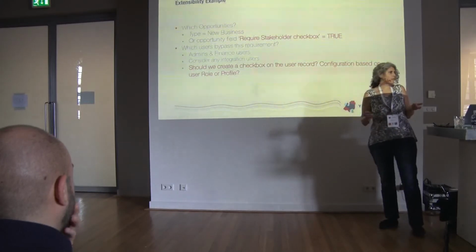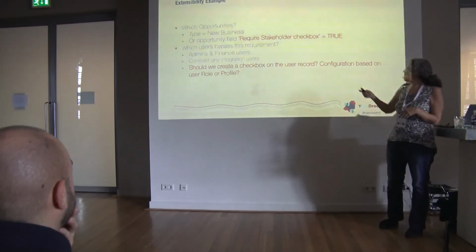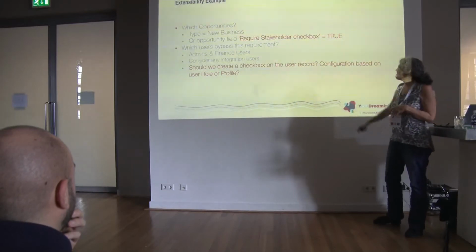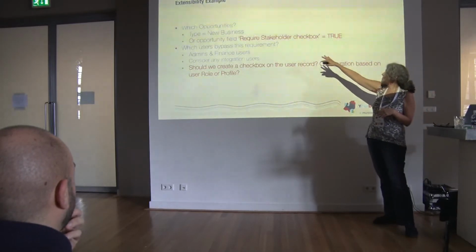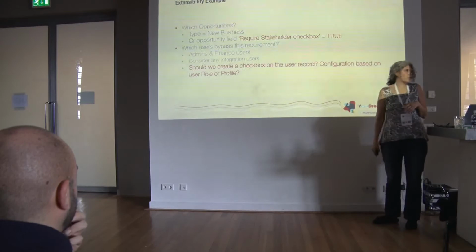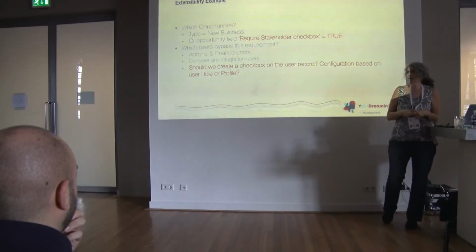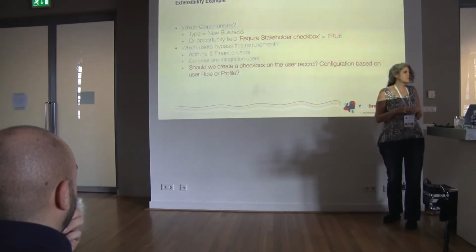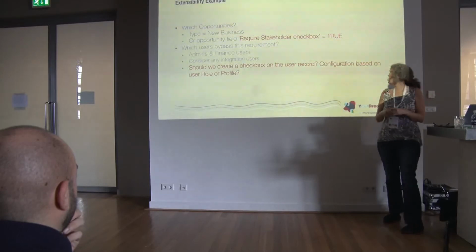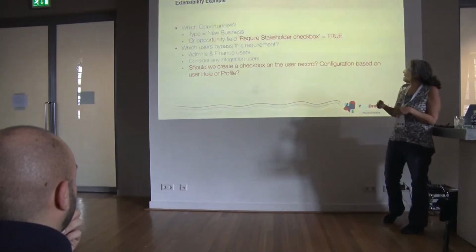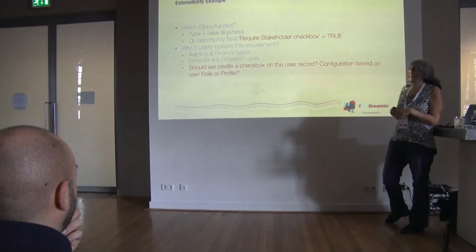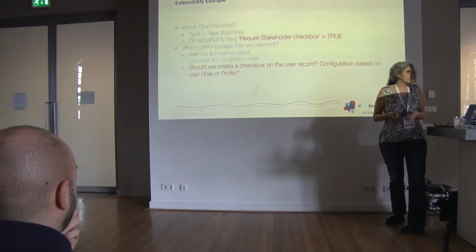So this would be my extensibility example. Which opportunities is this going to run on? Well, it'll run on if the type is new business, and we're also going to have a formula field called require stakeholder checkbox is true, and my admin's going to maintain this formula. So if the criteria changes, my admin will just have it be true based on the criteria changing. And I'm going to have some users that are not subject to this validation for stakeholders.